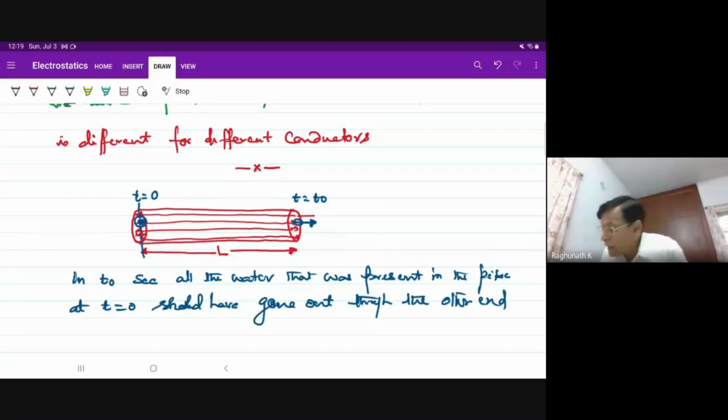Incompressible. As this particle moves on, if it has moved to this position, this water is new. Whichever the volume that was there at this end would have gone out.